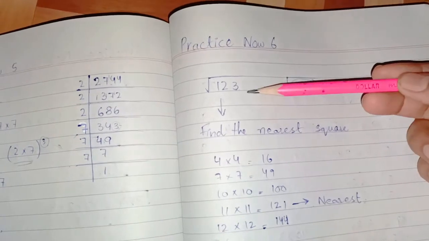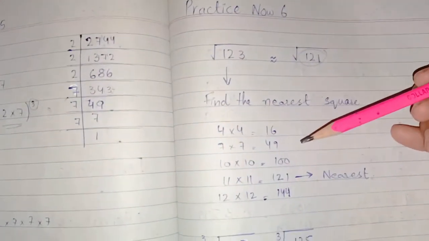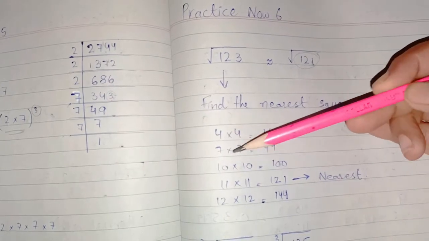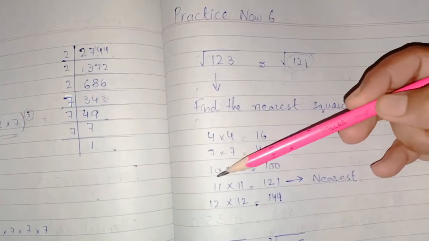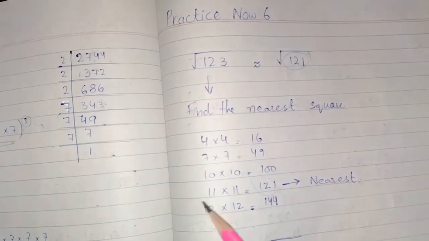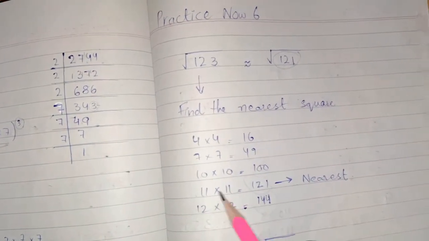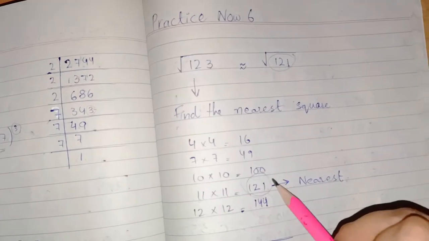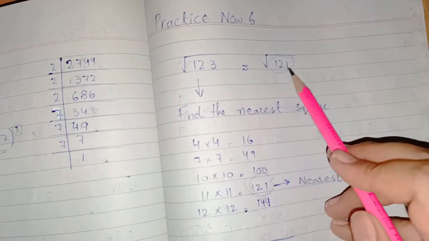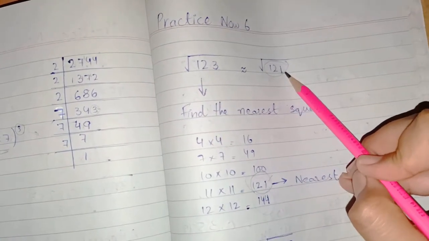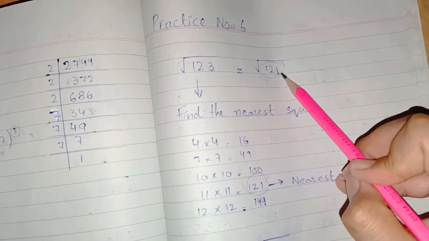We have 123, so we are going to start from the highest number. 4 4s are 16, 7 7s are 49, 10 10s are 100, 11 11s are 121, 12 12s are 144. So 11 and 11 is nearest, and with 11 and 11 the answer is 121. It means that the nearest square to 123 is 121. So it is the estimate of the square root of 123.